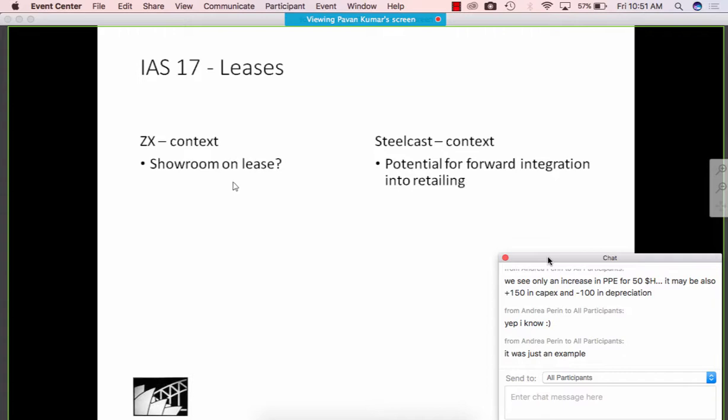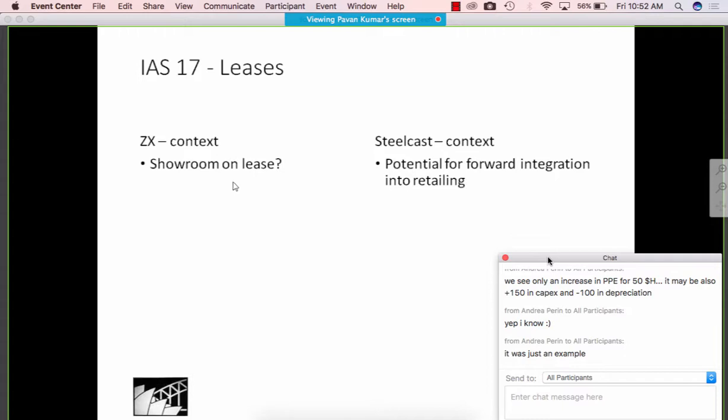Now, for Steelcast, there is a potential to go for a forward integration by either setting up its own retail shops, or by buying some of the retail shops which are purchasing from Steelcast.